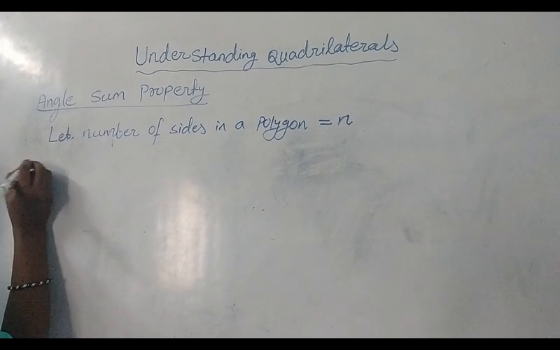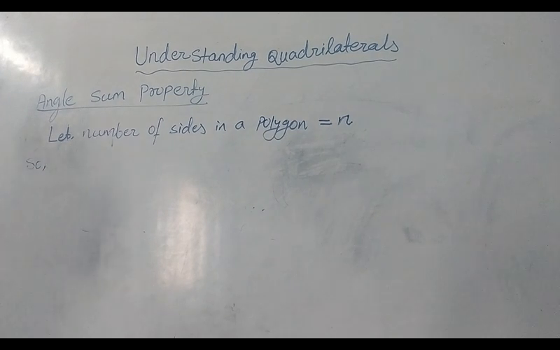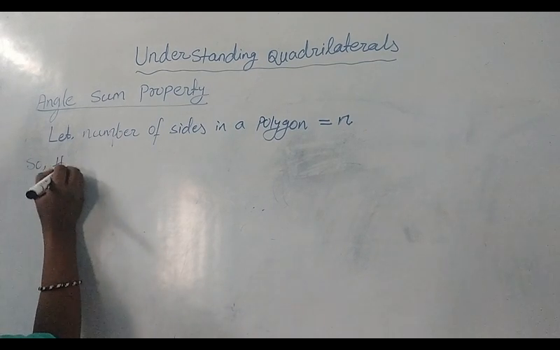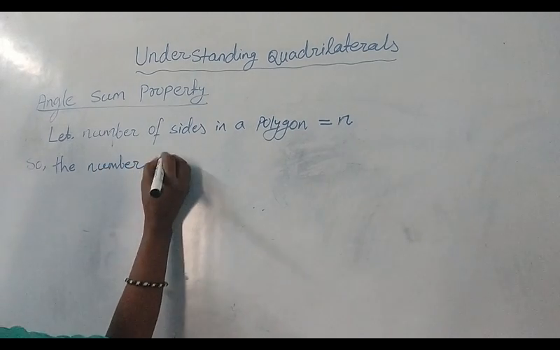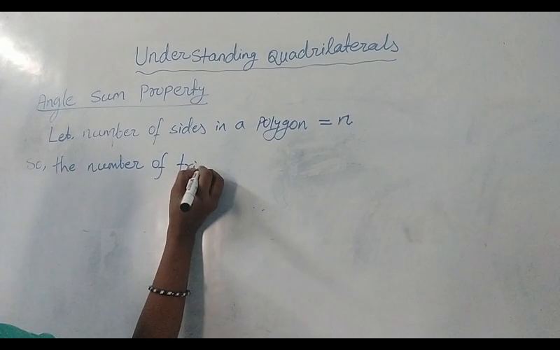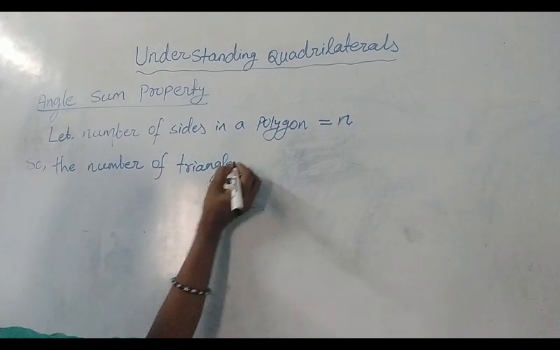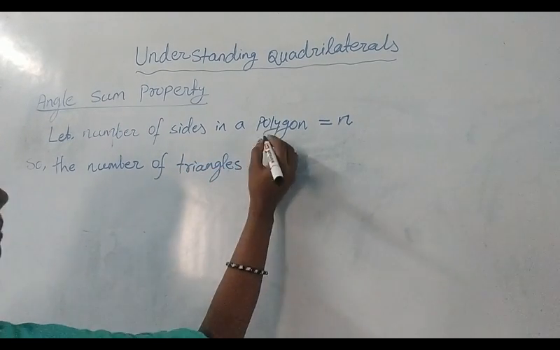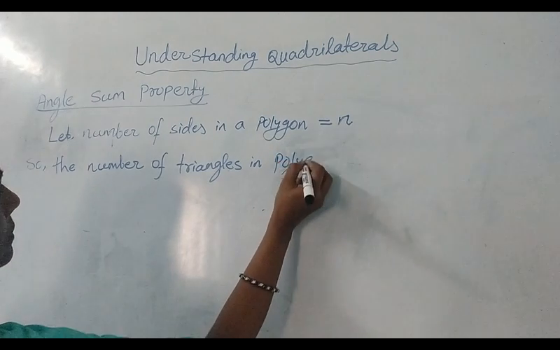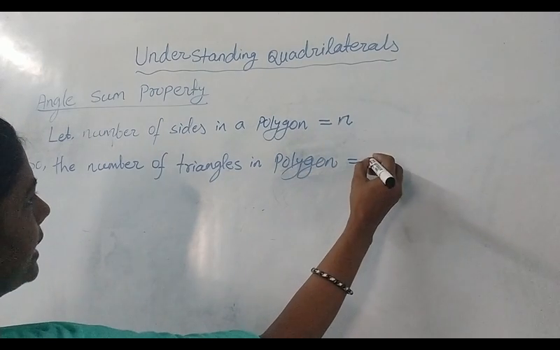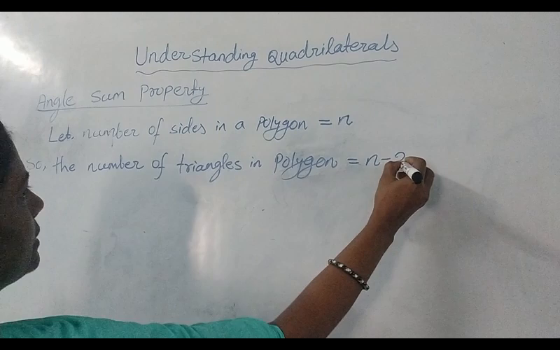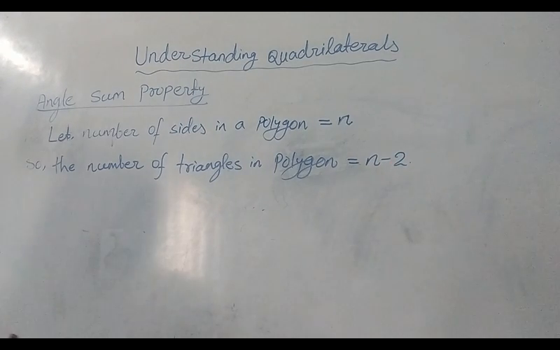So the number of triangles in a polygon: we subtract 2 from the given number of sides, that means n minus 2. We can make n minus 2 triangles inside.